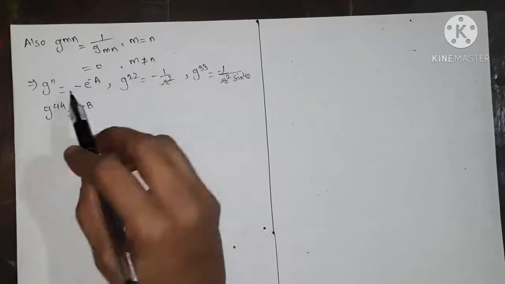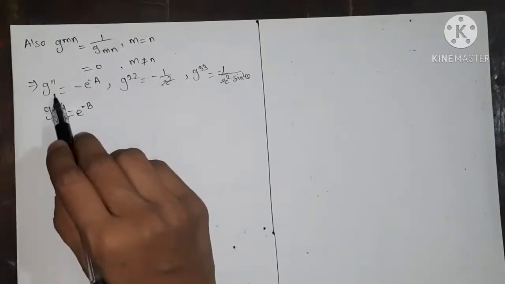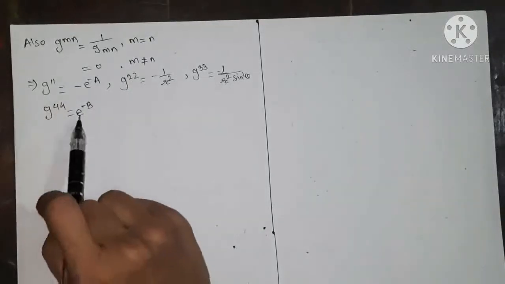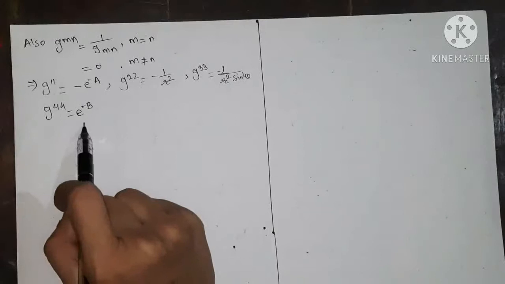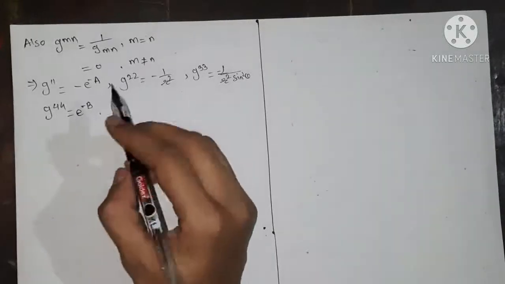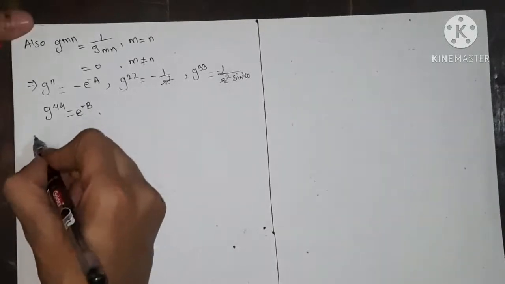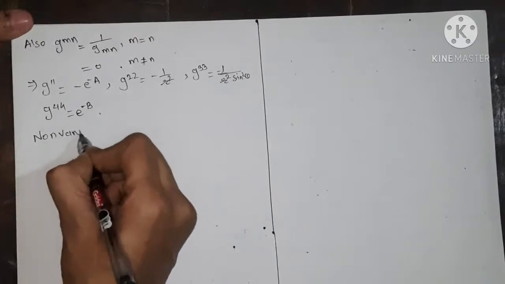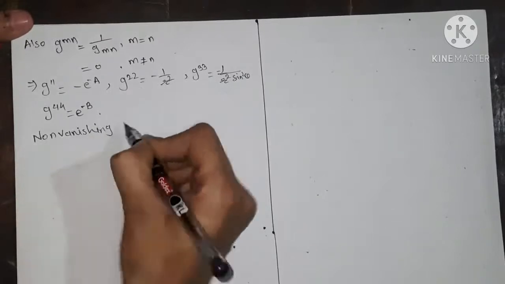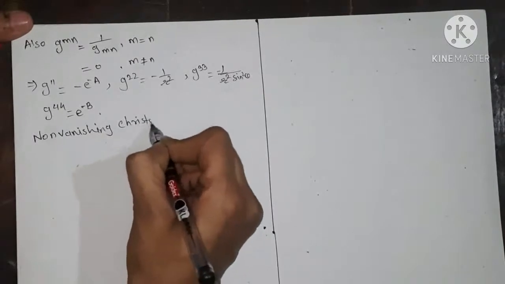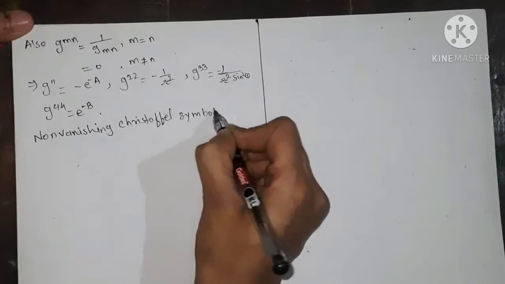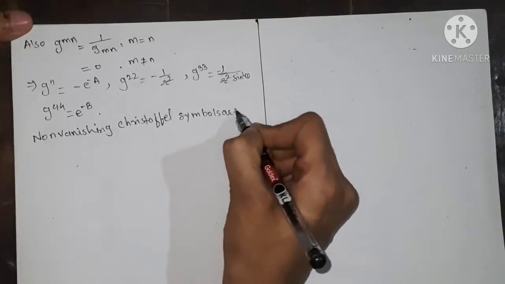We are taking here the reciprocal of g lower 1, g lower 2, g lower 3, and g lower 4, and from this we compute the non-vanishing Christoffel symbols.